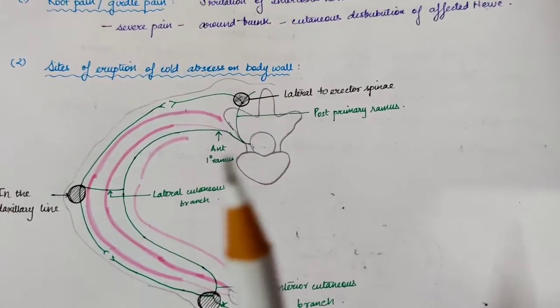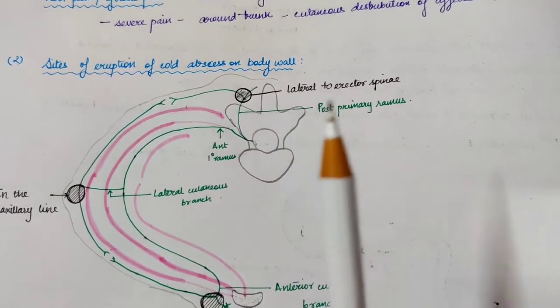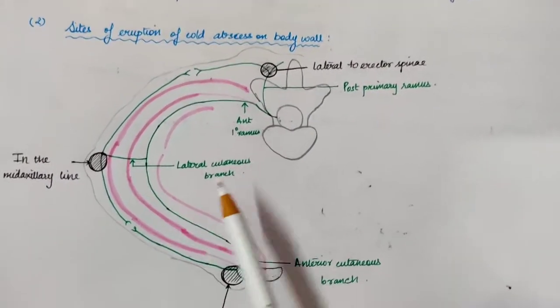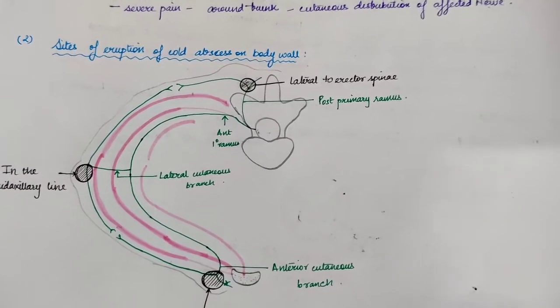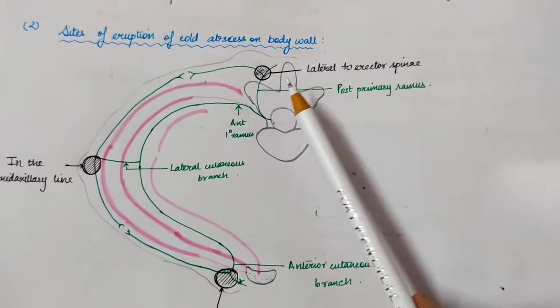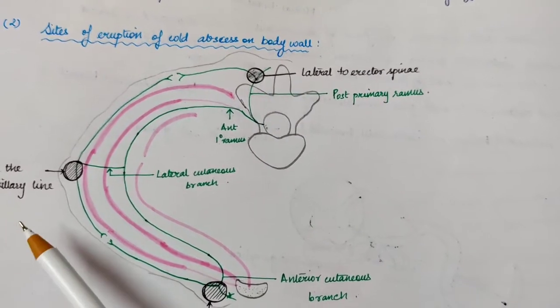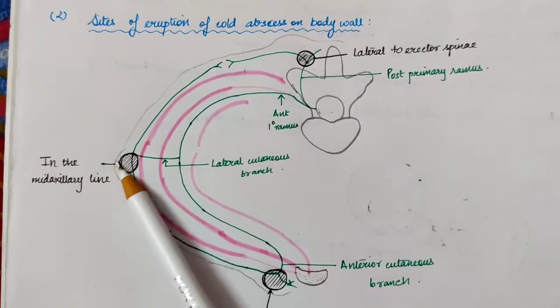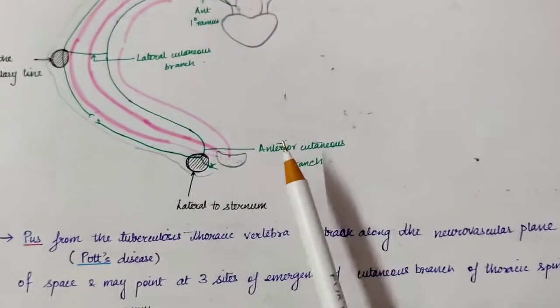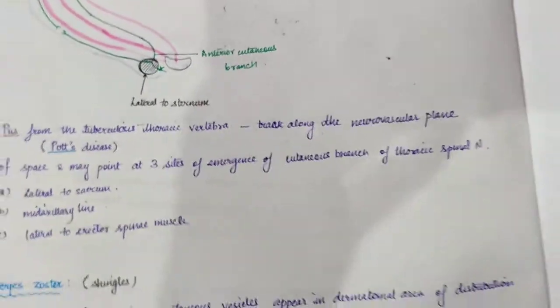Next we have the sites of eruption of cold abscess on the body wall. First of all, let us see the extent. We have seen the muscles and the nerves. This part is lateral to the erector spinae, which is present at the back. This is the mid-axillary line. This part is lateral to the sternum.